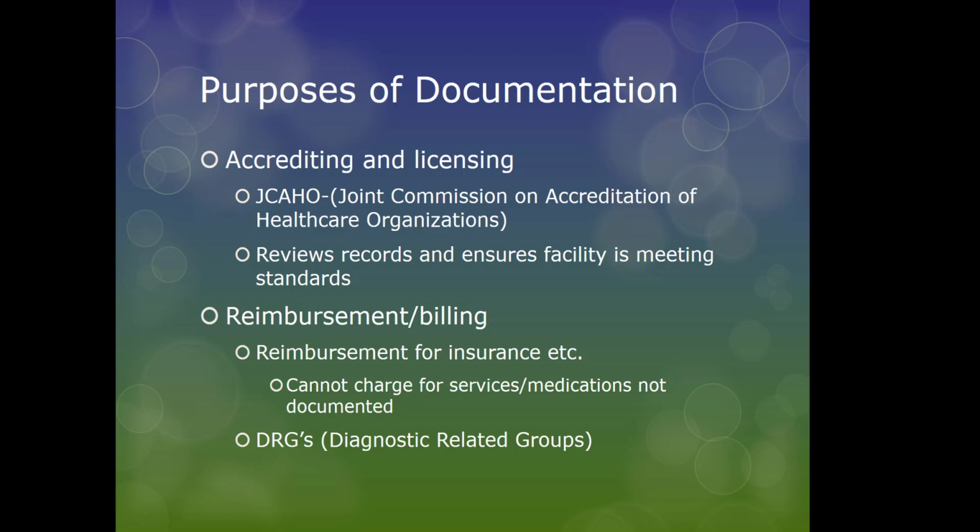And if they were only accredited by CMS, the Medicaid and Medicare Center, if they make a mistake and don't immediately fix it on their own, they can lose their reimbursement. Whereas if JCAHO finds a mistake, JCAHO will give them a very short period of time, but a period of time, to fix their mistake.